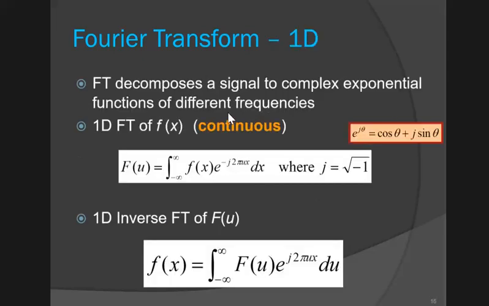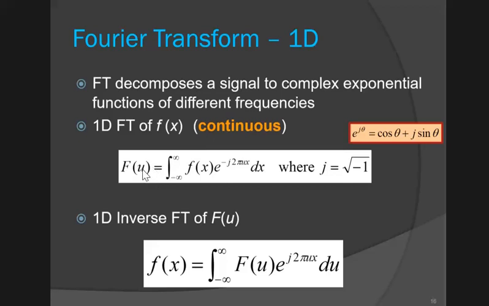Now let us see the Fourier transform on a 1D continuous signal. We have the discrete Fourier transform and the continuous Fourier transform. First we will see the Fourier transform of a 1D continuous signal. Now this f of x is our 1D continuous function. The Fourier transform of f of x is represented by capital F of u.